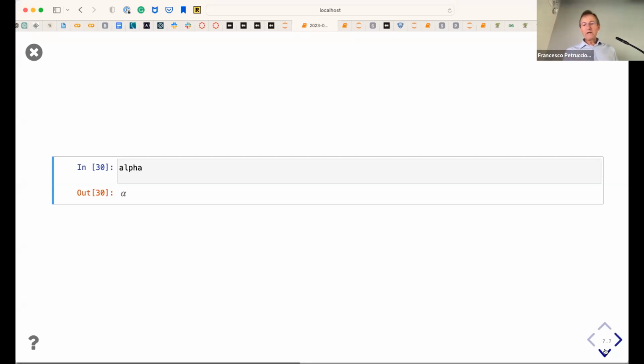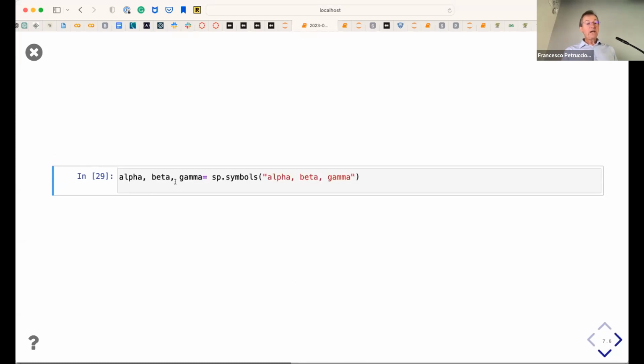One thing that maybe I need to remind you: the notation of these Greek symbols is a little bit like in LaTeX. Who of you knows about LaTeX? Okay, one person.